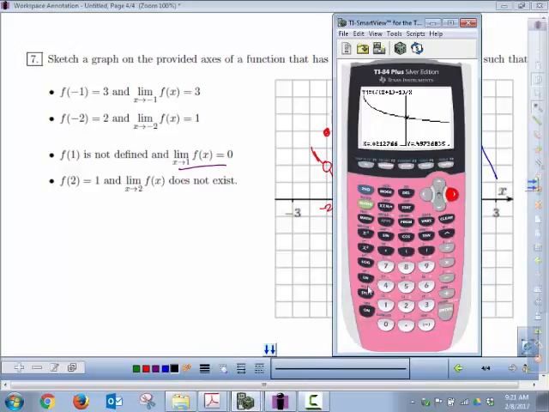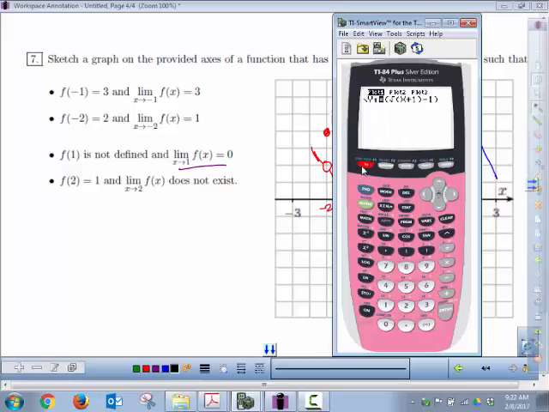I don't know how to get to it directly, but if I press math, and NUM, number is absolute value. So that's where the ABS is.